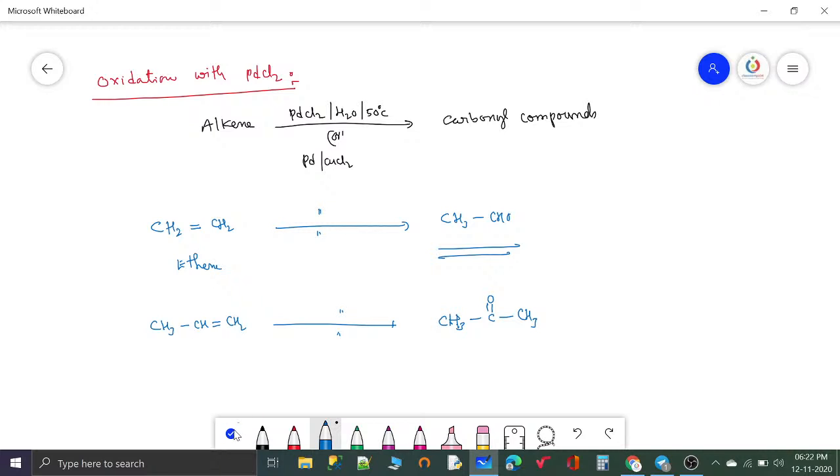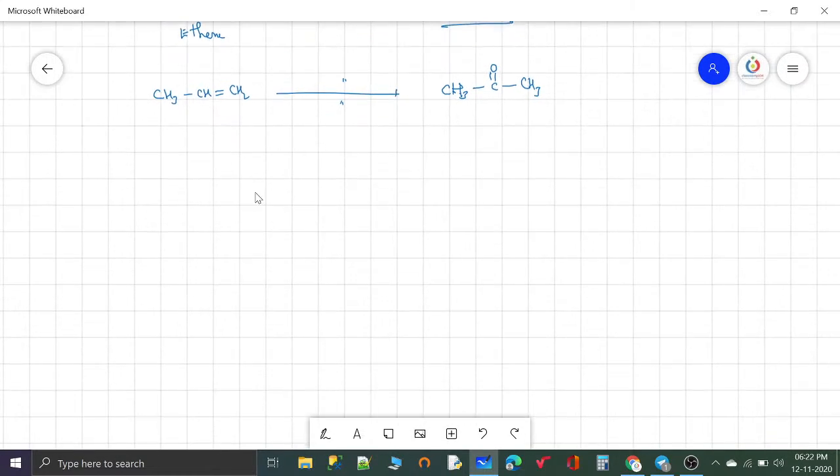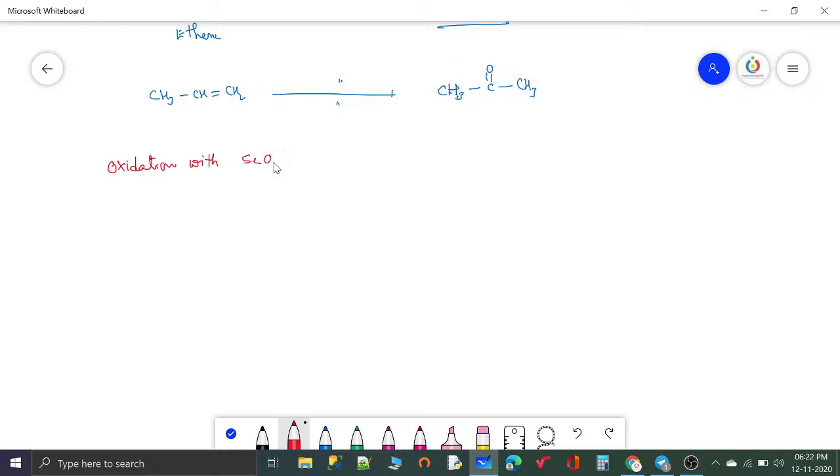Now let us see the oxidation with selenium dioxide. These are all specific reagents.